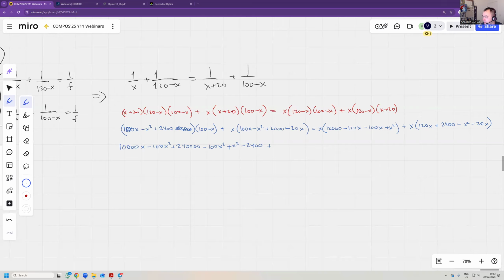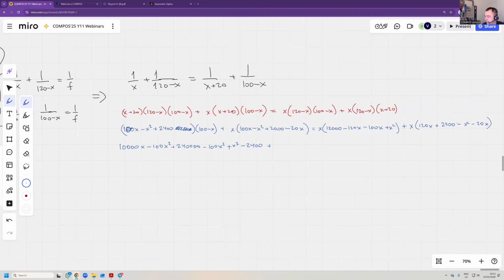Let's see if it can solve it. I don't know if it can.